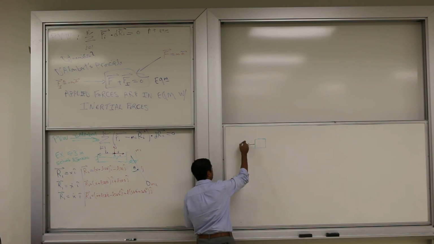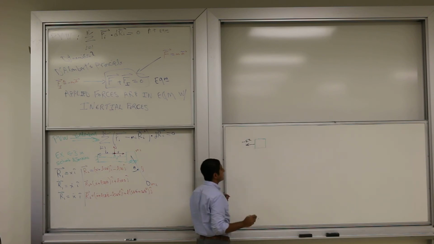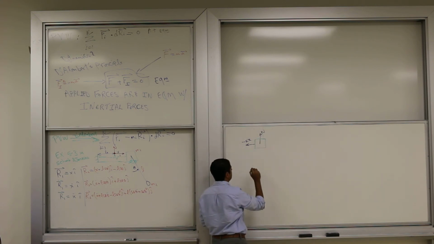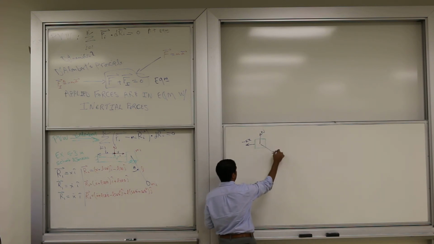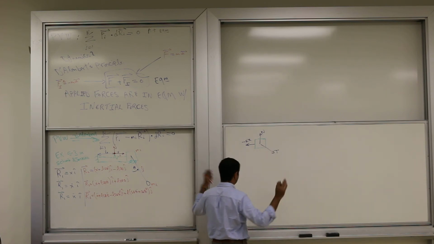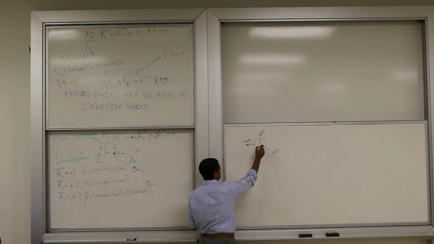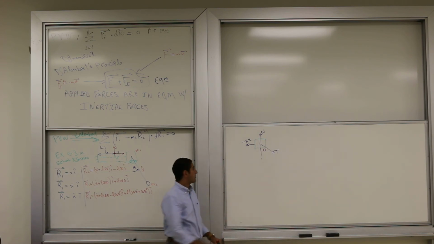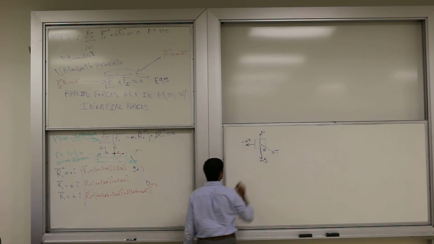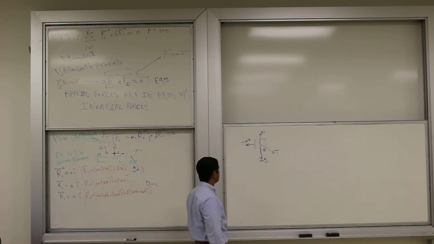So negative kx here. What else? Normal force. Very good. What else? Tension. Yes. Okay. Friction. It's smooth. I'm sorry, smooth. Frictionless. Theta. What else? Gravity. So M1 g. That's it.